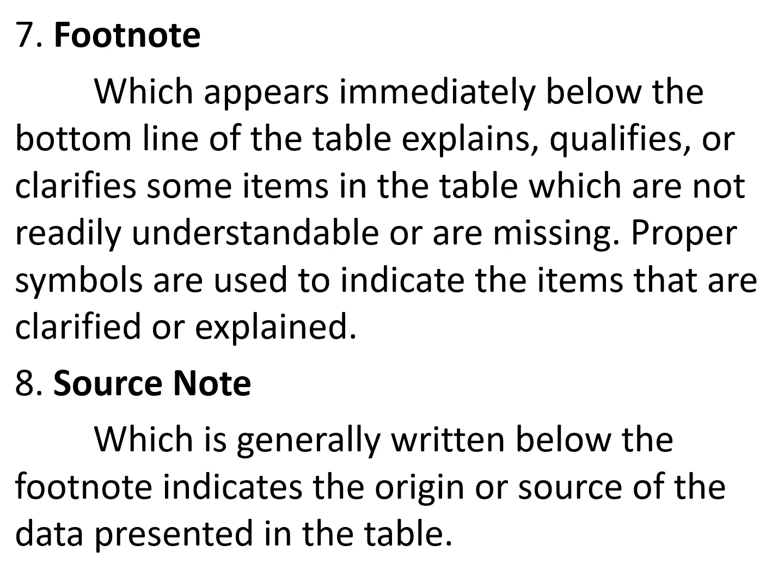Proper symbols are used to indicate the items that are clarified or explained. We also have source note. It is generally written below the footnote, which indicates the origin or source of the data presented in the table.